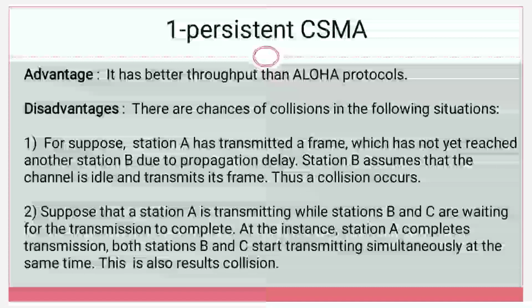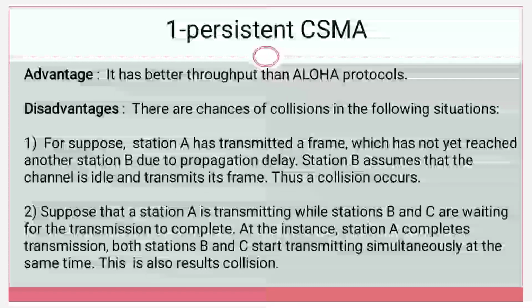Station A is transmitting while station B and C are in waiting state. The duty of station A is completed, but station B and station C start transmitting the data at the same time. So here also there is a chance of collision.